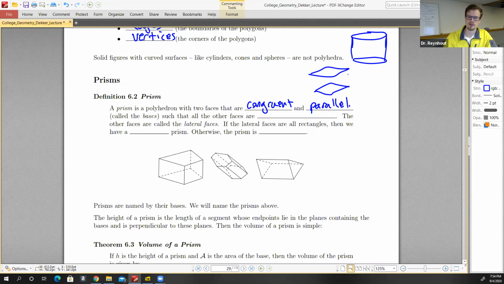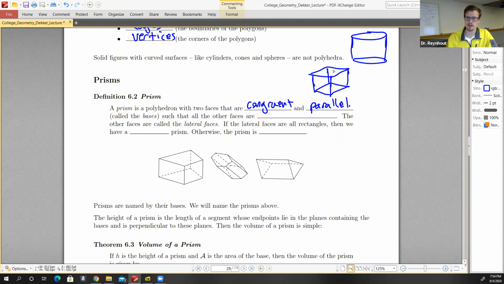Of course, if we go ahead and add our edges there, then we see we have a cube. All right, so a prism is a polyhedron with two faces that are congruent and parallel.